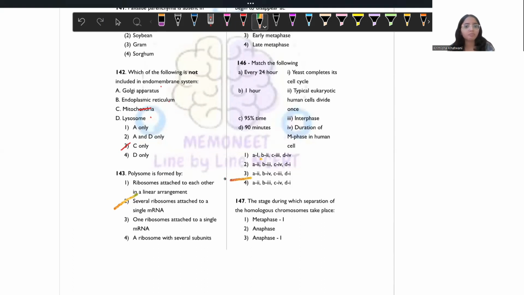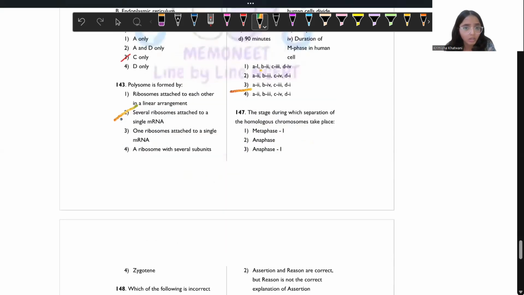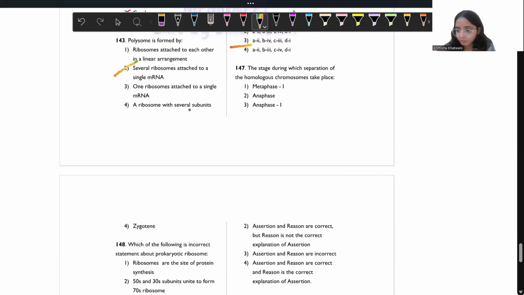Understood. Now let us see next, 147. During the stage during which separation of homologous chromosomes takes place: metaphase 1, anaphase 1, zygotene. So the answer to this question is option number 3, C. Separation of homologous chromosomes occurs in anaphase 1.